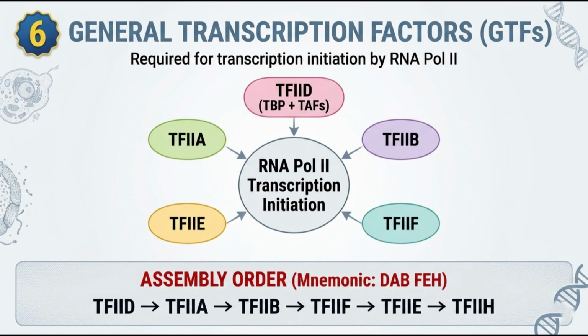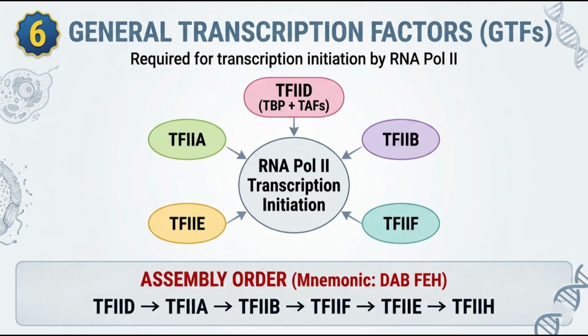General transcription factors. RNA polymerase II cannot initiate transcription independently. It requires a group of proteins called general transcription factors. These include TFIID, TFIIA, TFIIB, TFIIF, TFIIE, and TFIIH.